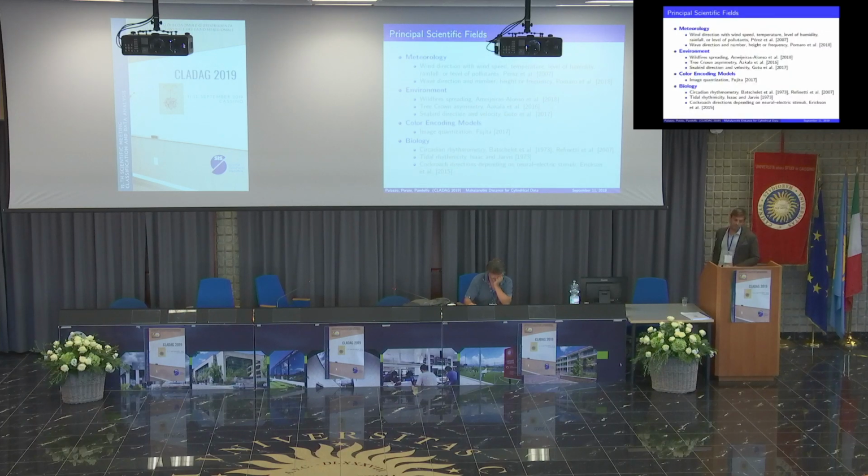The scientific fields are really broad, but the main ones can be shown in meteorology, for example when we want to study wind direction together with wind speed, temperature, humidity, or the percentage of pollutants in the air. Even wave direction and the rate or frequency of waves is really important.